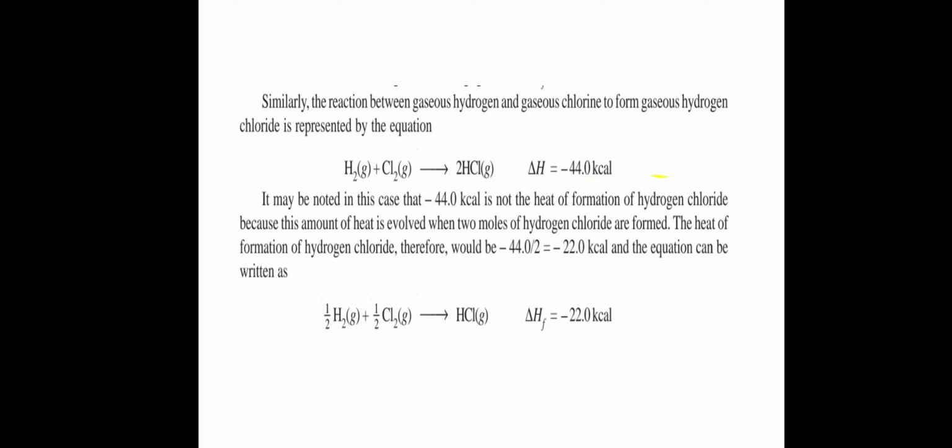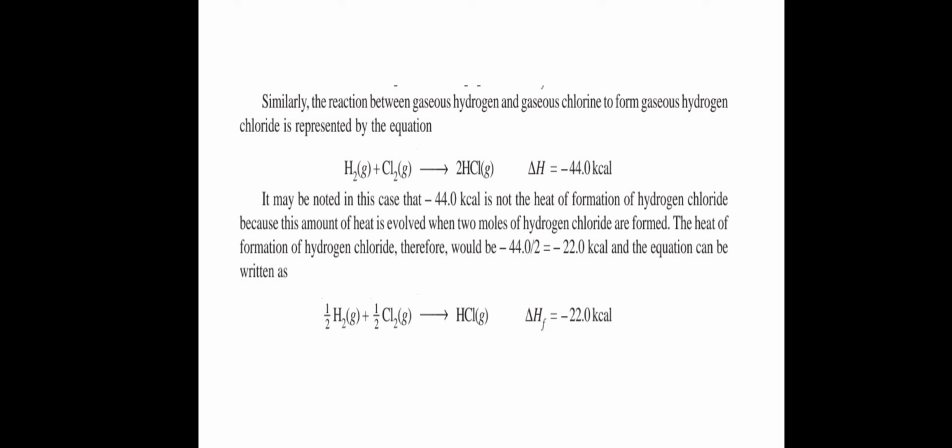So we have delta H equal to minus 44.0 kilocalorie. When we divide it by 2, we get minus 22.0 kilocalorie. So that answer is for 1 mole of HCl gas. So we have to write 1/2 H2 gas plus 1/2 Cl2 gas gives HCl gas, and delta HF is equal to minus 22.0 kilocalorie.